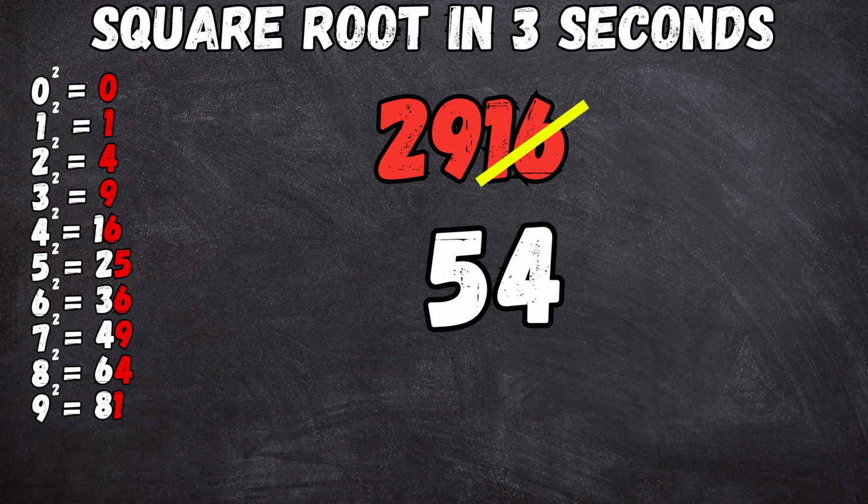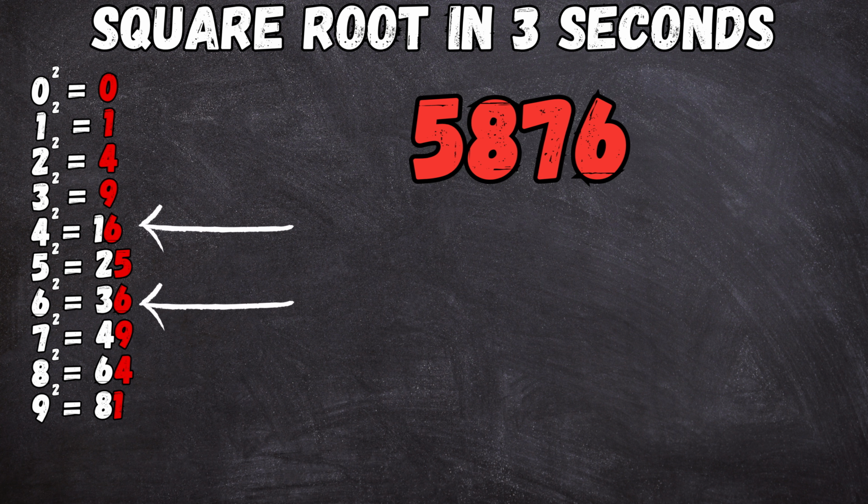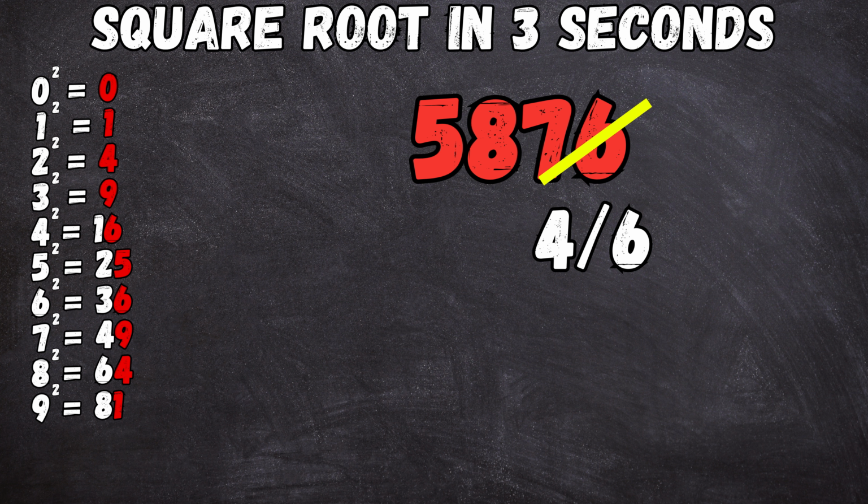Let's do one more, a bit more advanced. Square root of 5876. Step 1. Last digit is 6. The root could end in 4 or 6. Step 2. Cross out the last 2 digits. We get 58. Now find the largest perfect square less than or equal to 58. That's 49, which is 7 squared.